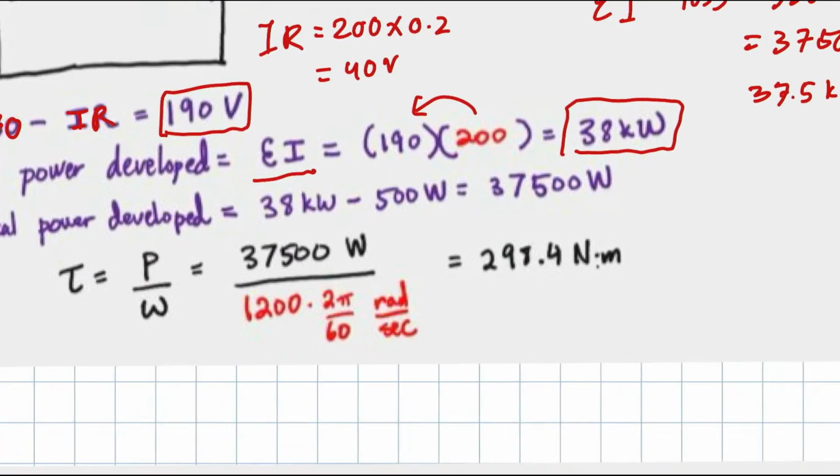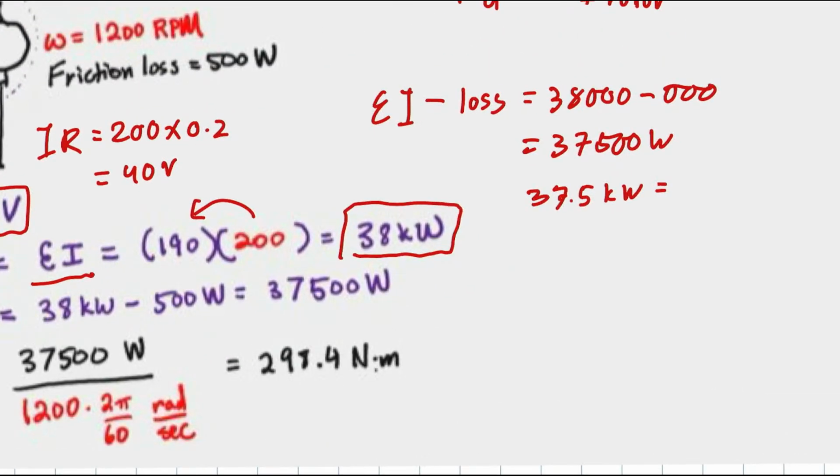So 37.5 kilowatt equals torque times omega.